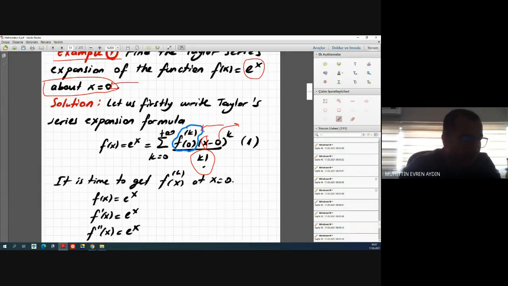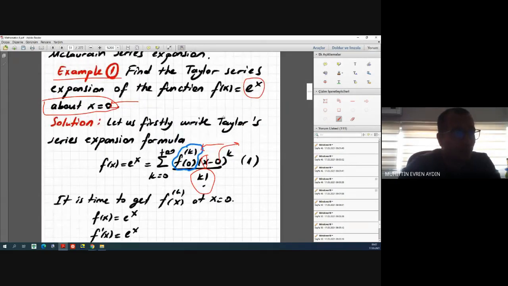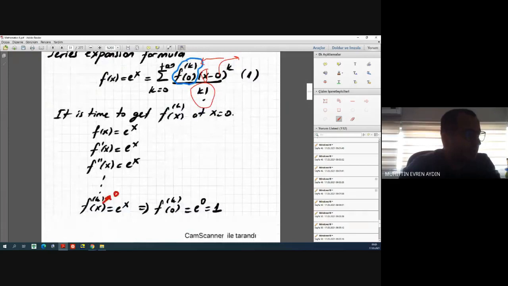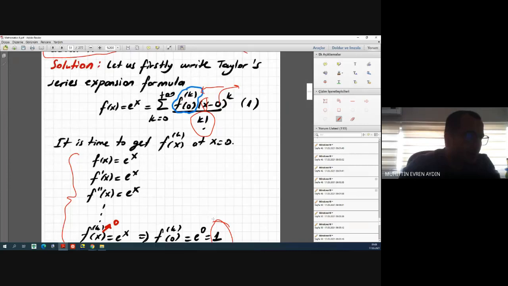The only part we have to find is the higher order derivatives of the given function. Okay, let's find the derivatives. It's clearly all are the same, and the value of the function e power x at 0 equals 1. So we have to write 1 exactly here.